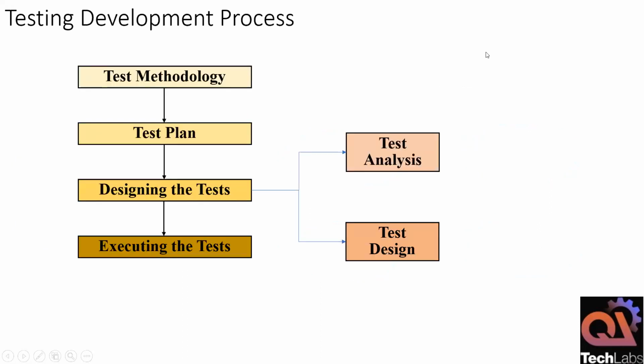Now coming back to the testing development process. Testing development process consists of 4 steps: test methodology, test plan, designing the test, executing the test. Test methodology, the right thing, is to see the tiger in the forest. Test plan: how will I go to the forest?